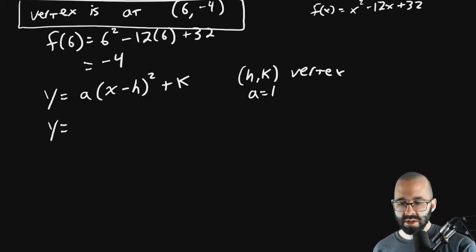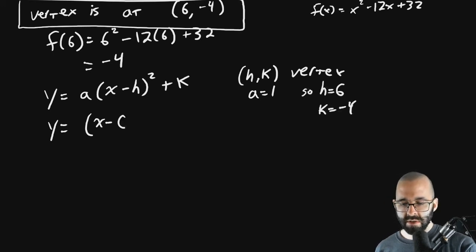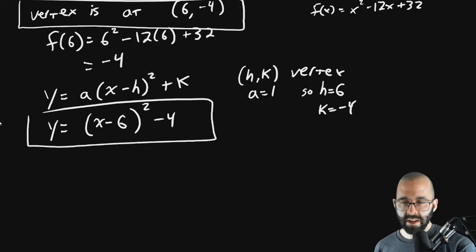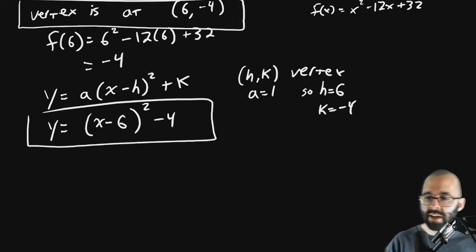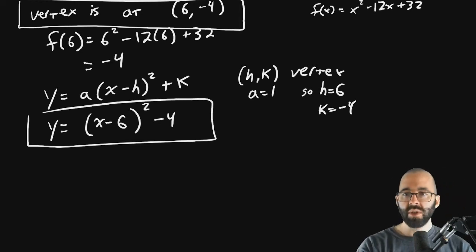So vertex form is just going to be 1, which we don't need to write. Multiplying by 1 doesn't change anything. x minus h is 6. And k is negative 4. So it becomes x minus 6 squared plus a negative 4 is minus a negative, like so. And if you want to check your answer, there's a great way of doing that.